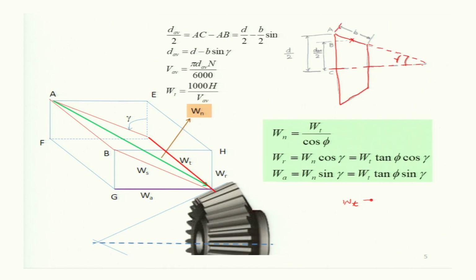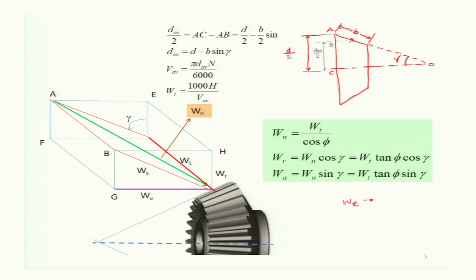This is the width B of a gear tooth. Let this be point A, this is point C, this is point O. So, capital AC is half of the pitch diameter at the big end, and that is called the half of the pitch diameter.